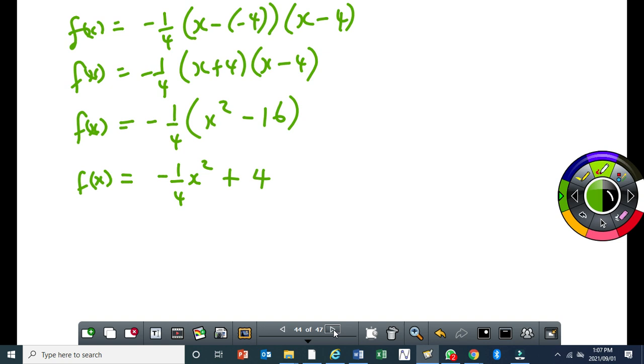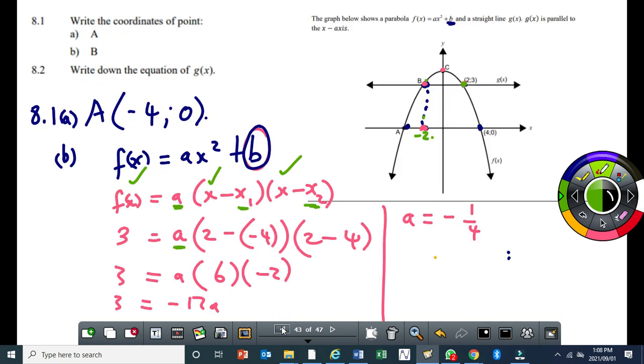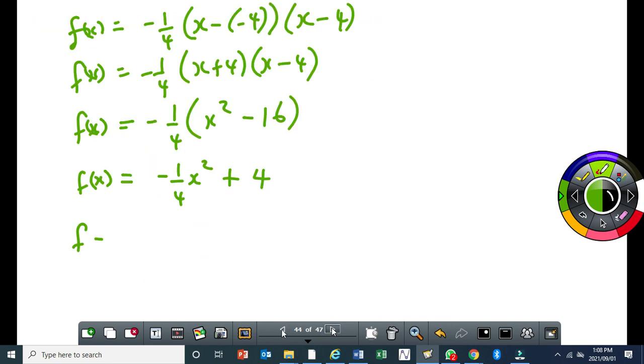Okay, so if I substitute, I'll come to the easiest method of not doing any calculation. So y is equal to 3 here.